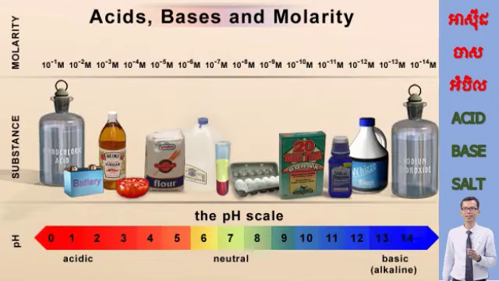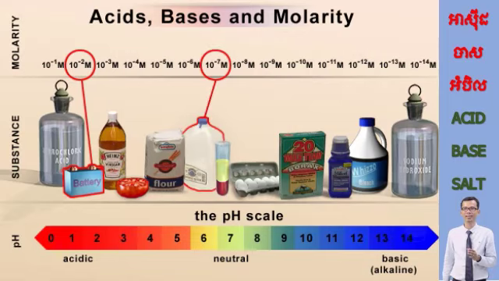In a very acidic solution such as battery acid, the concentration of hydronium ions may be as high as 1 times 10 to the minus second molar. Compare the concentration of hydronium ions in battery acid to the concentration of hydronium ions in pure water, 1 times 10 to the minus 7th molar.